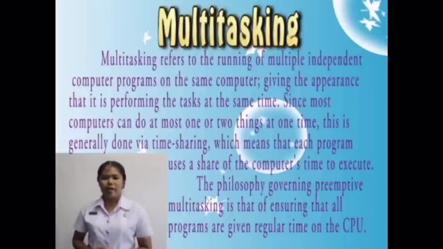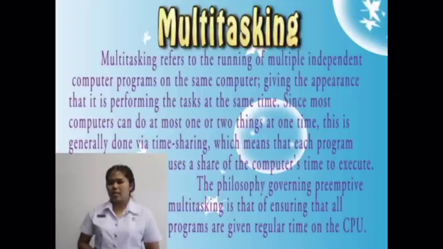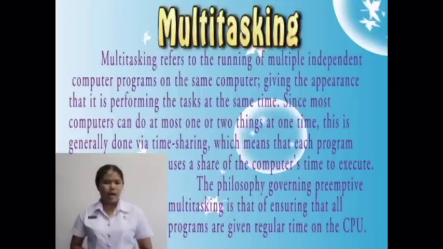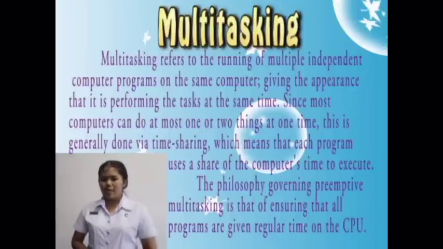The philosophy governing preemptive multitasking is that of ensuring that all programs are given regular time on the CPU.